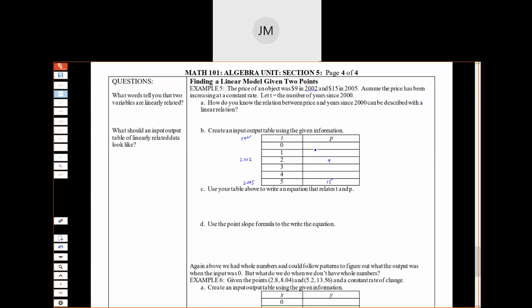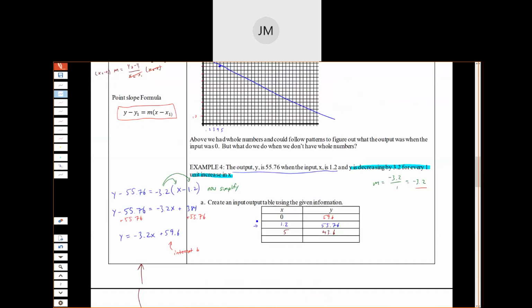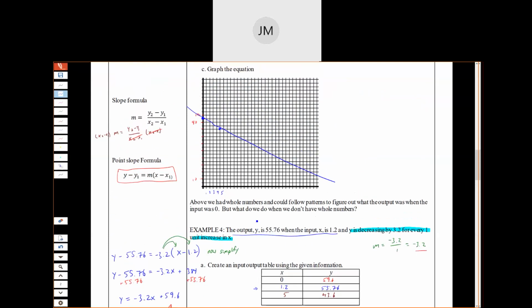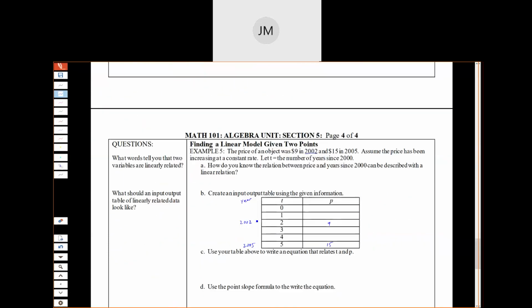But then I have to figure out how to do this. I don't know what my slope is, so I don't know how to go up or down. So another way to do this is just to go back to these formulas that we just had. I can compute the slope if I have any 2 points.